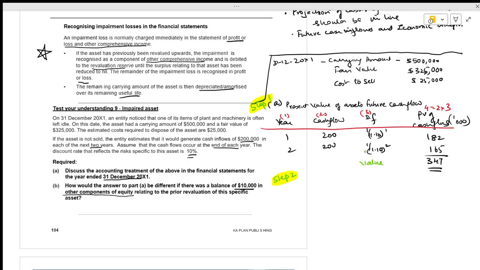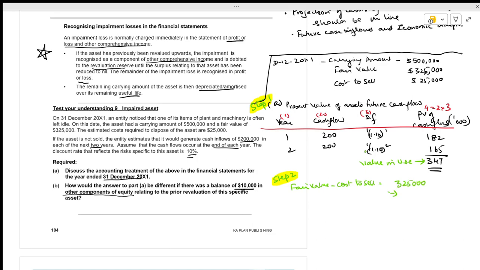How much is the value in use? And fair value minus cost to sell. How much is the fair value? Fair value they have mentioned: the fair value is 325.